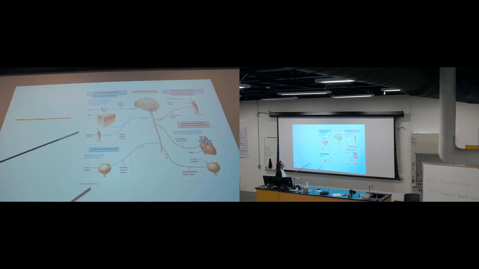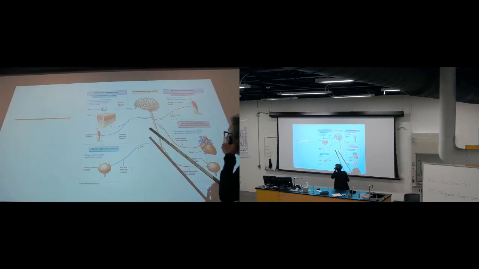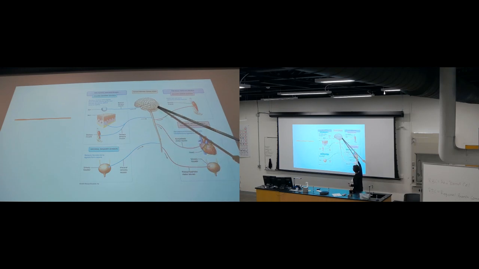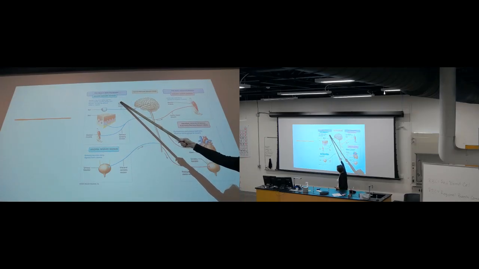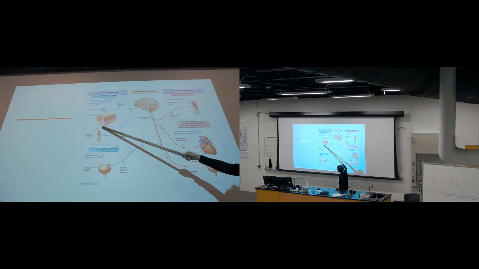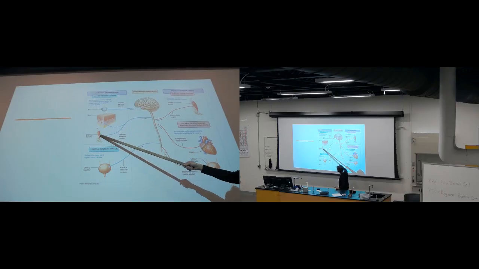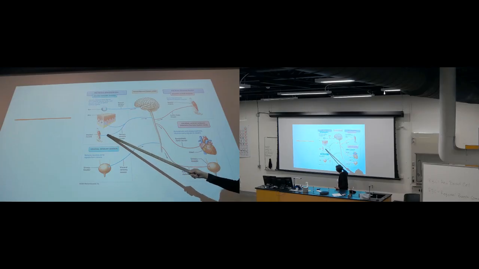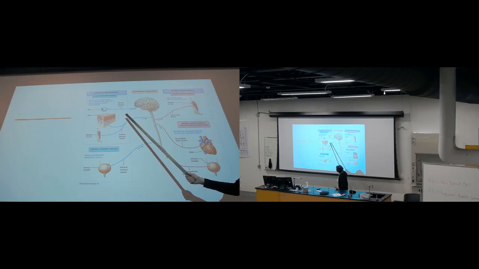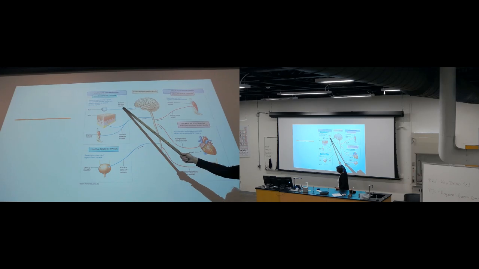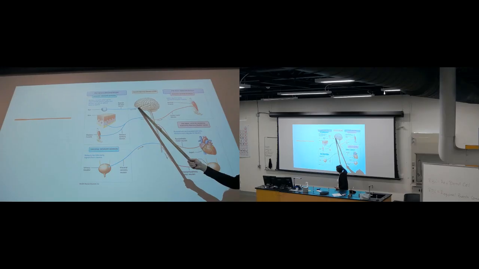So here are the different divisions of the PNS. We already saw components of the brain and the spinal cord. Now let's look at the peripheral nervous system. Here we have the somatic sensory division with connections of sensory neurons or afferent neurons, which are called general sensory neurons, bringing information into the spinal cord or into the brain, and in the case of the special senses, like the eye, the special sensory neurons.